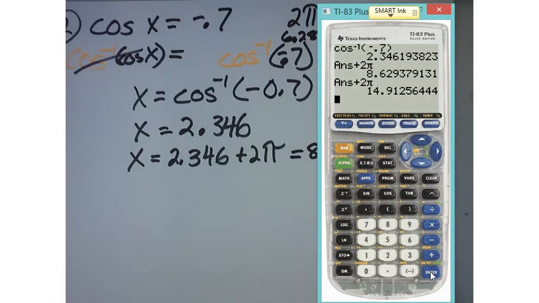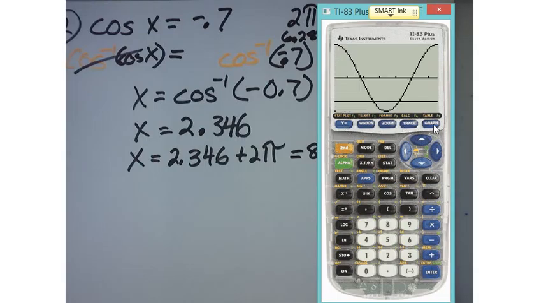Let's see where this falls on the graph. If I hit trace and plug in 8.629, that works perfectly. But if I add 2 pi one more time, it goes too far. So what do you think I would have to add? 1 pi.